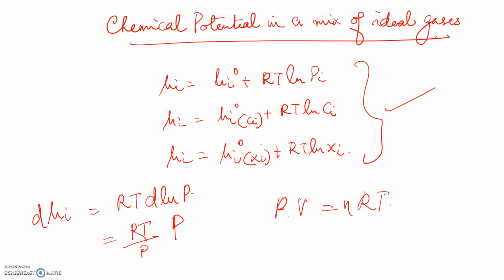That is, we have to change the ideal gas equations to suit real gases. For that, the scientist Lewis introduced a new term called fugacity. This new term, fugacity, is introduced to you for your degree classes.